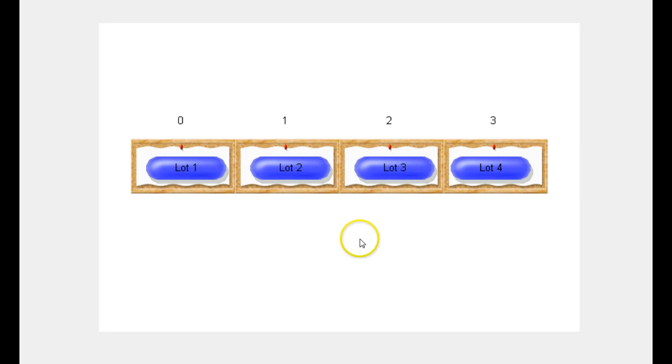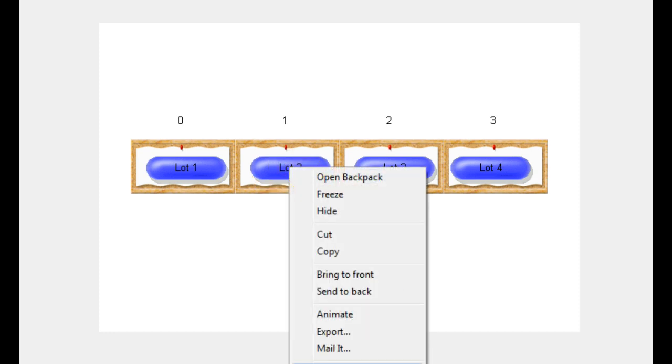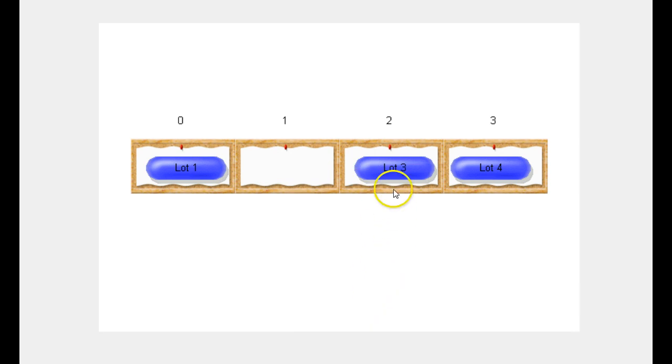If we have, so here's our array, position 0, 1, 2, and 3, and we start off with lot 1, lot 2, lot 3, and lot 4. If we remove lot 2, let's just completely remove it, what happens is all the other lots get shifted up 1, and this last slot basically goes away.